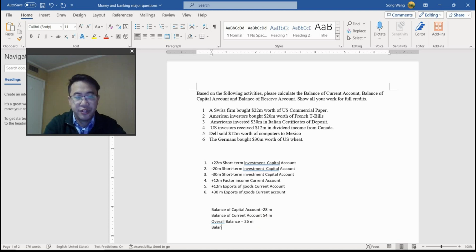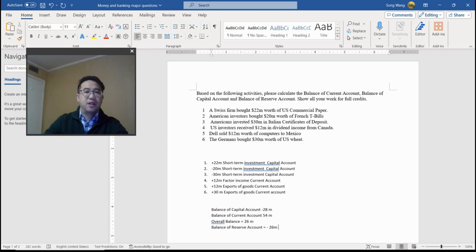What are the 3 numbers? The balance of the current account, balance of the capital account, and balance of the reserve account. So the balance of the reserve account would be exactly the opposite of the overall balance, which is the summation of the capital account and current account. All right, so that's just a negative 26 mil.